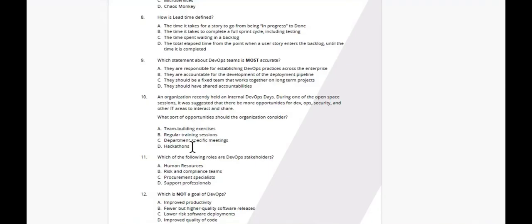Hackathons, probably less important. I would say team building, maybe. I might double check the slide in this case. So let's see what they say. 10, they're looking for D, hackathons. Interesting. Yeah, I haven't seen that many hackathons that involve all areas like that, but it can happen, I guess. So 10, they're looking for D.